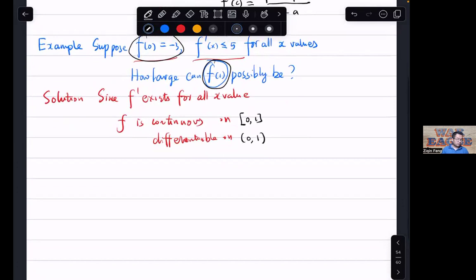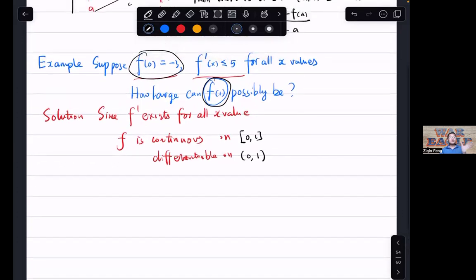Now we are ready to apply the mean value theorem because the assumptions are satisfied, and also we are aiming to control one function value based on the other. So the mean value theorem will do the job.